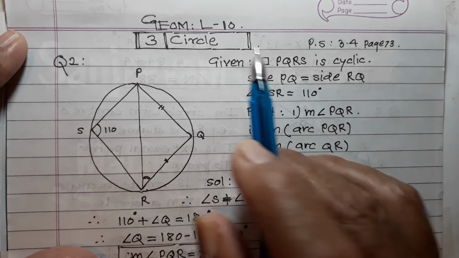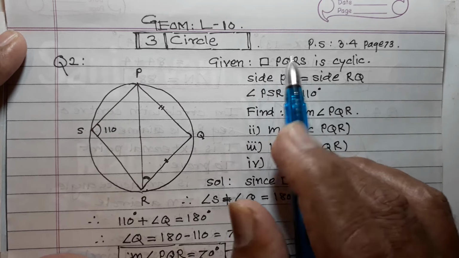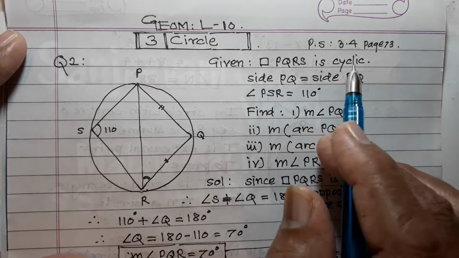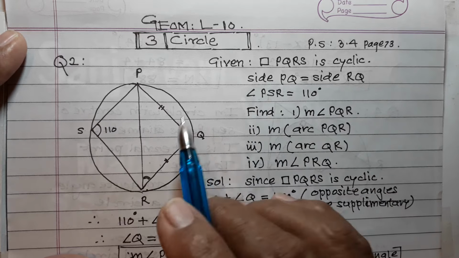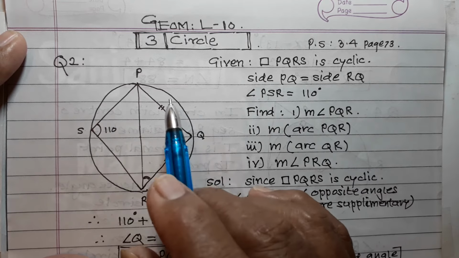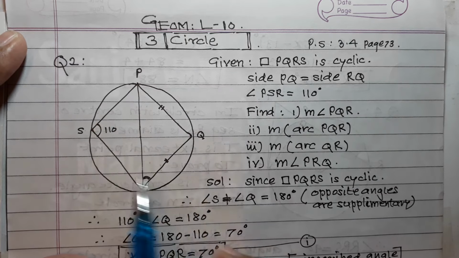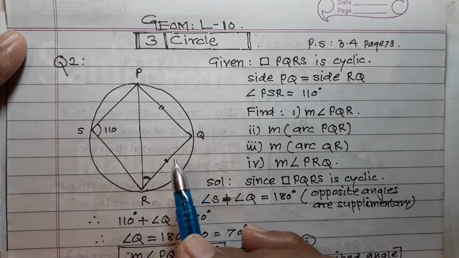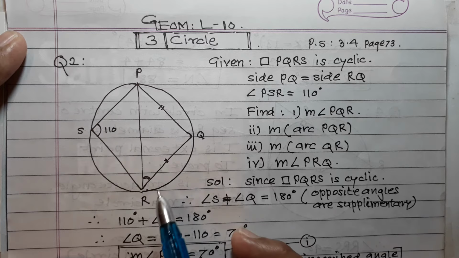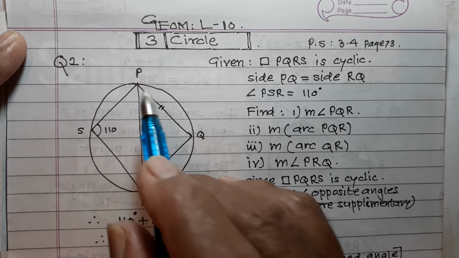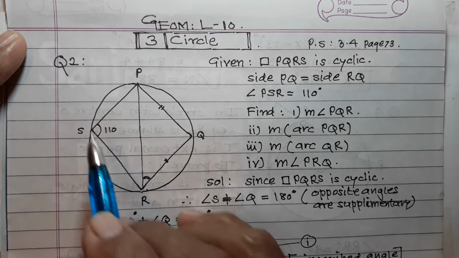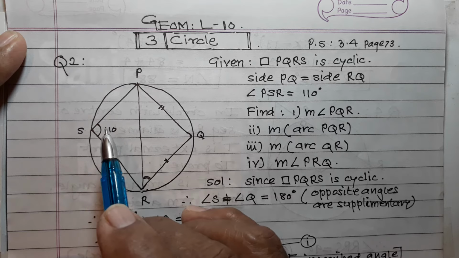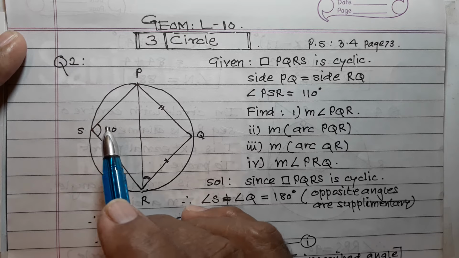Given quadrilateral PQRS is cyclic, side PQ is equal to side RQ, angle PSR is equal to 110.